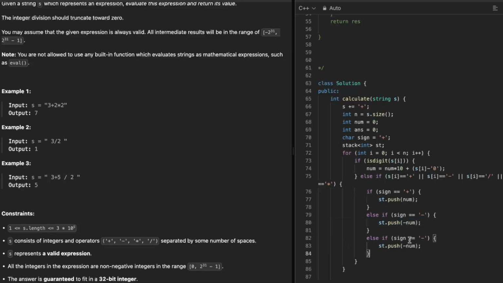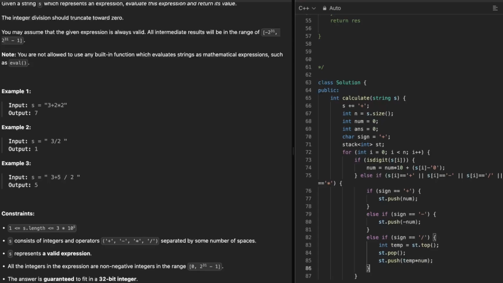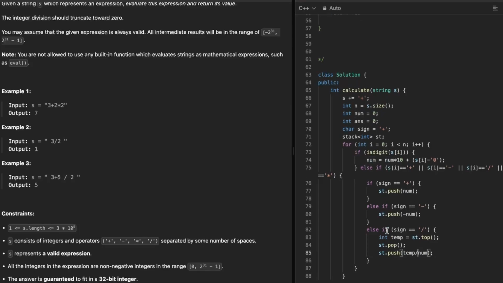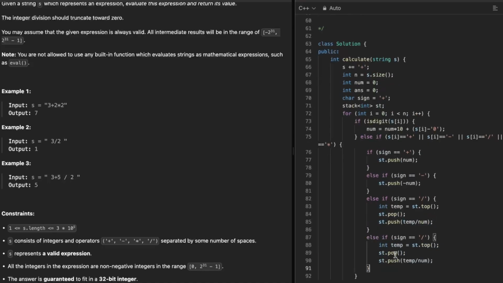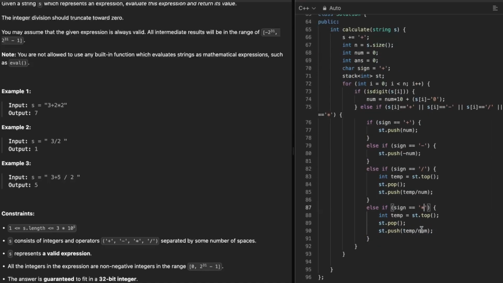Else if sign equals multiplication, then we can push int temp equals st.top, st.pop, and I can push temp multiplied by num, and similarly for division. I will just do the same thing.